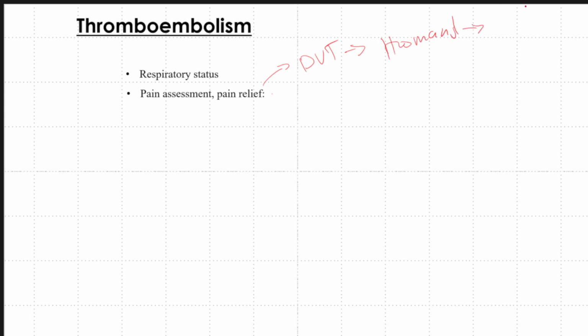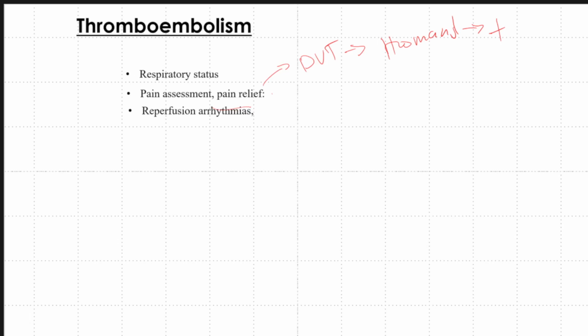Yung positive Homan's sign is when you dorsiflex the foot of the patient and you elicit pain upon dorsiflexion. Okay? So meaning, may pain. Okay? May pain as a component of hypoxia on tissues, right? So, you need to administer pain relief and pain assessment as well. Okay? So, remember that another priority for that is pain assessment and pain relief.